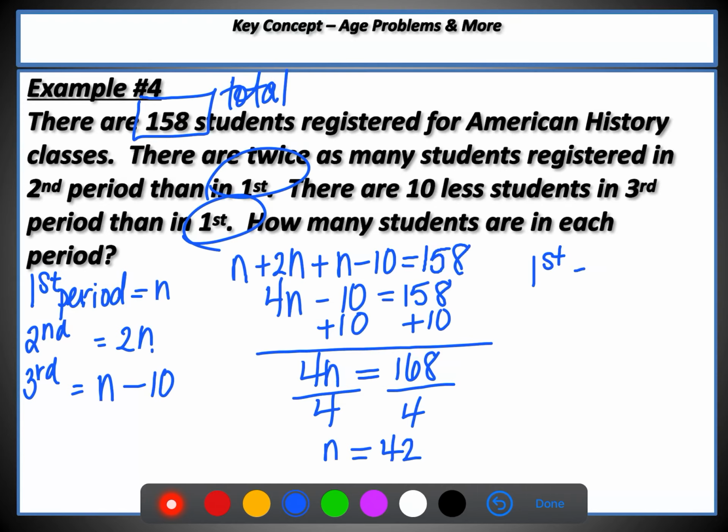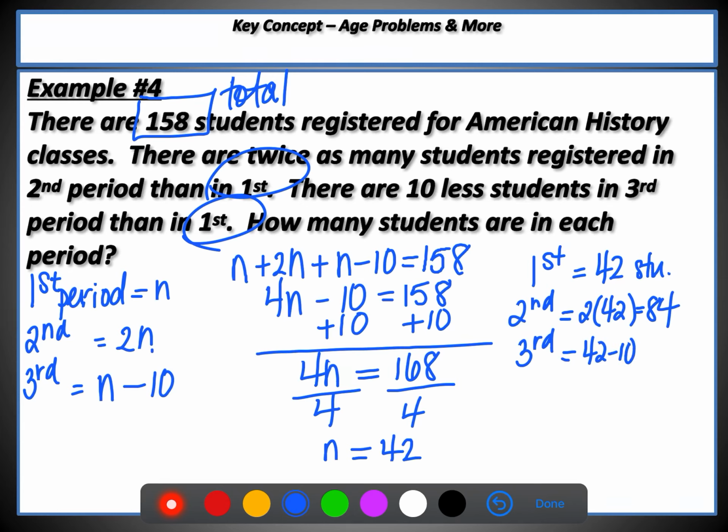So that means that first period has 42 students. That means that second period has 84 students. And that third period has 32 students. So those are my final answers there.